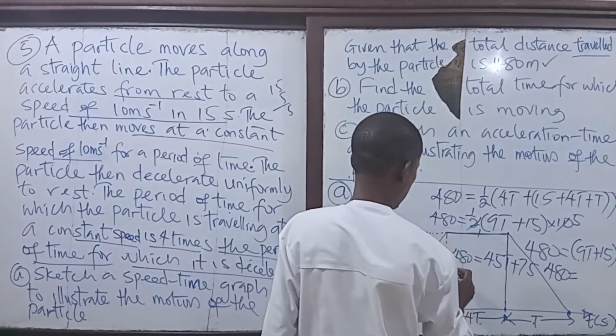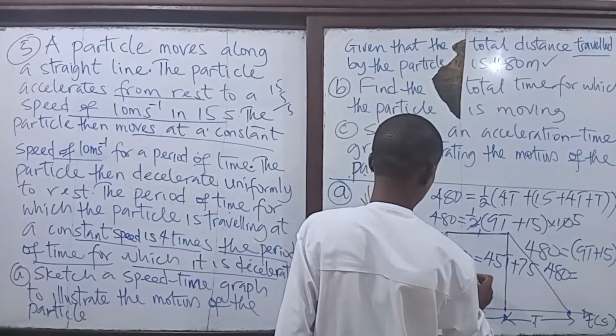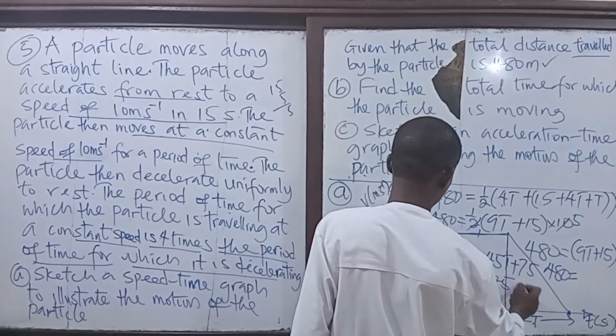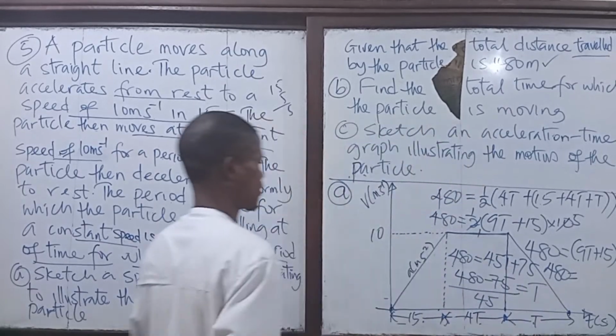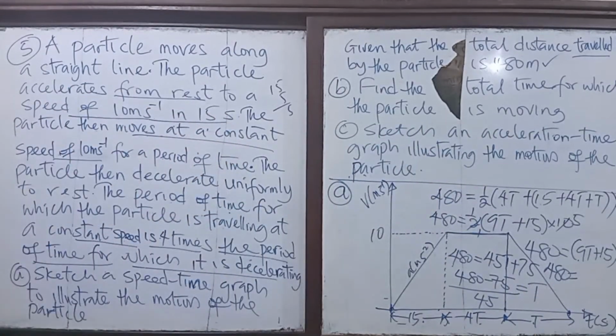Okay, so 480 minus 75 over 45. That's your t.